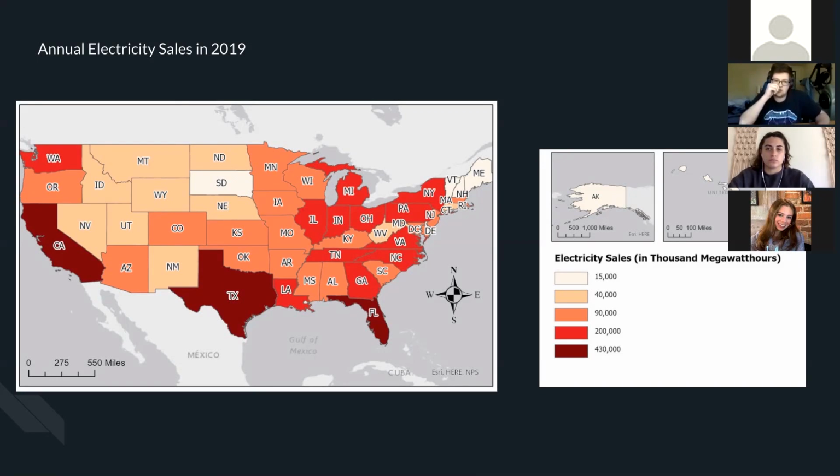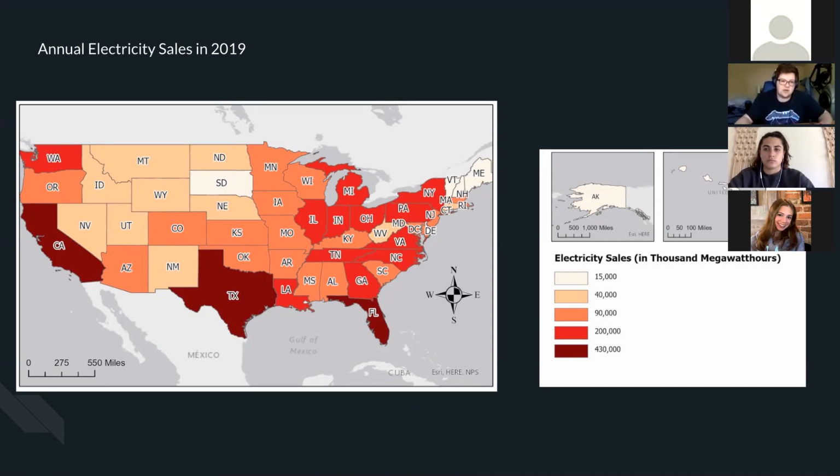I took that data. It wasn't geo-referenced or spatial data, so I joined it to a layer with the US states and produced this map here. The areas in darker red are where there is a higher demand for energy consumption.